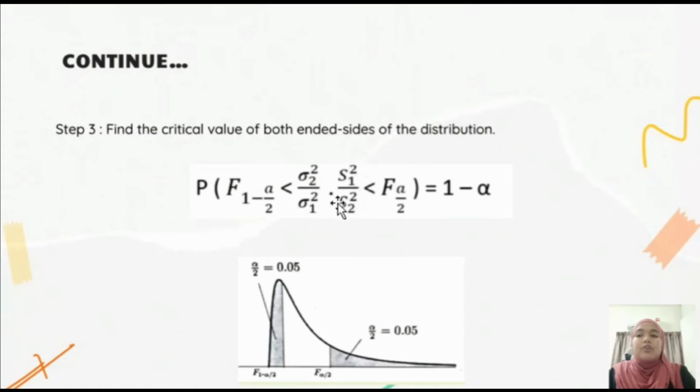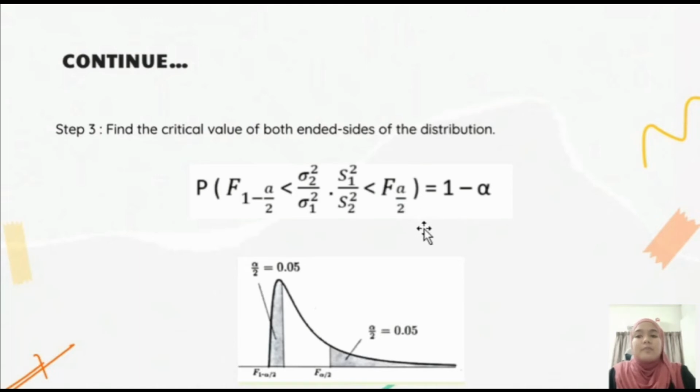But sigma 2 squared over sigma 1 squared are not random variables, they are fixed values. And for the left side and right side, f sub 1 minus alpha over 2 and f sub alpha over 2 are the quantiles from the F distribution.